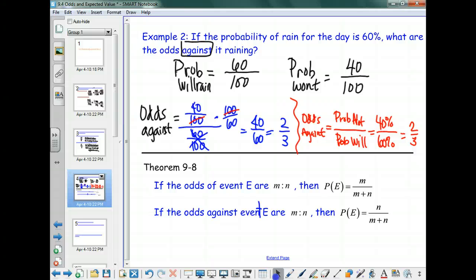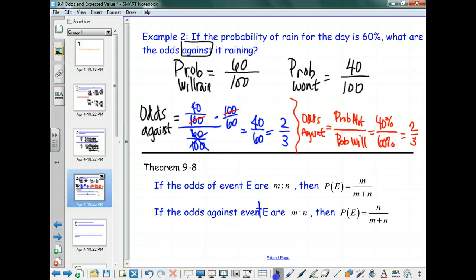I added, because 2 is the number of ways it doesn't rain, 3 is the number of ways it does. Which means the total number of options in the reduced form was 5. 2 plus 3, 5. Okay? That's what's going on in this denominator. This is the number of ways something happens plus the number of ways it doesn't. And the number on top is the number of ways that something happens.